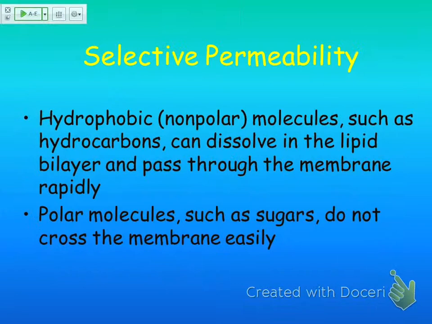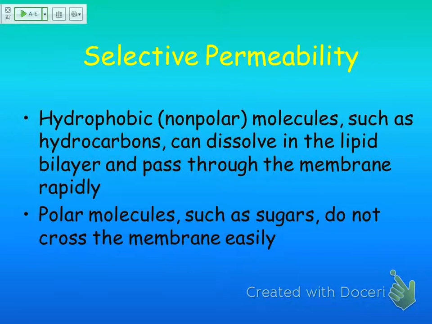Now, we said that they are selectively permeable, so some things are going to get through and some are not. And what you'll find is, what's the middle part of the layer? What's in the middle part of your sandwich? The peanut butter. Okay. But the peanut butter is what? Fatty acids. Okay? And so they're nonpolar.